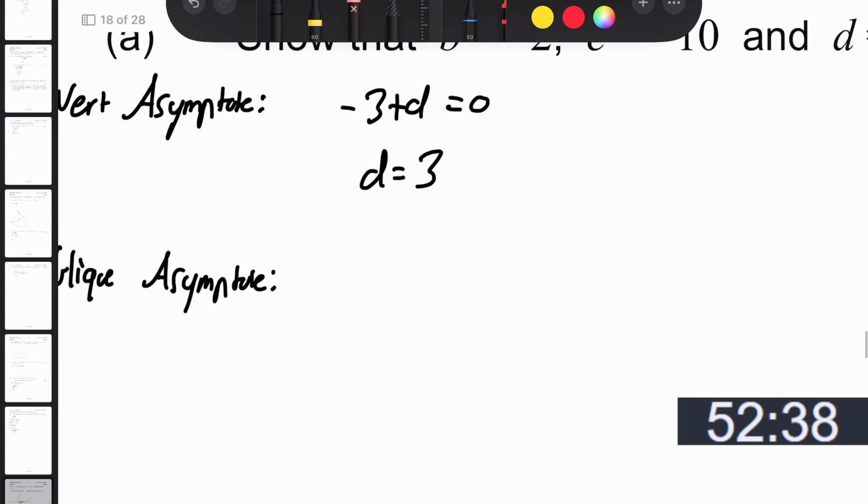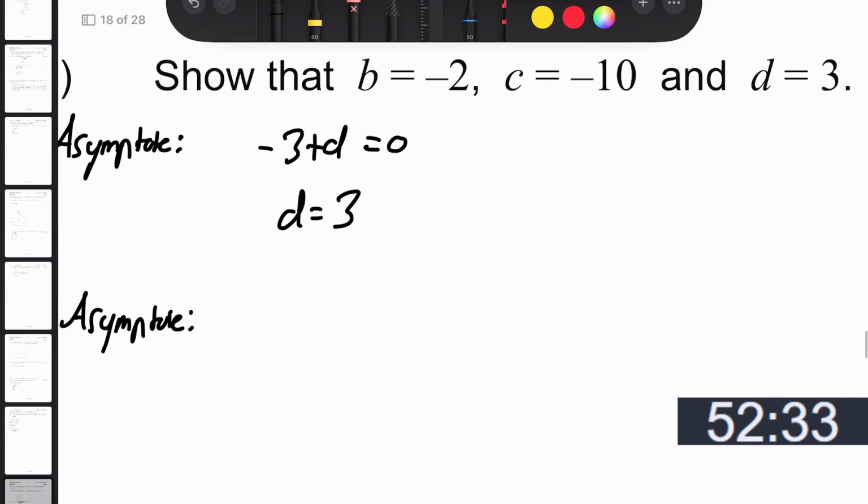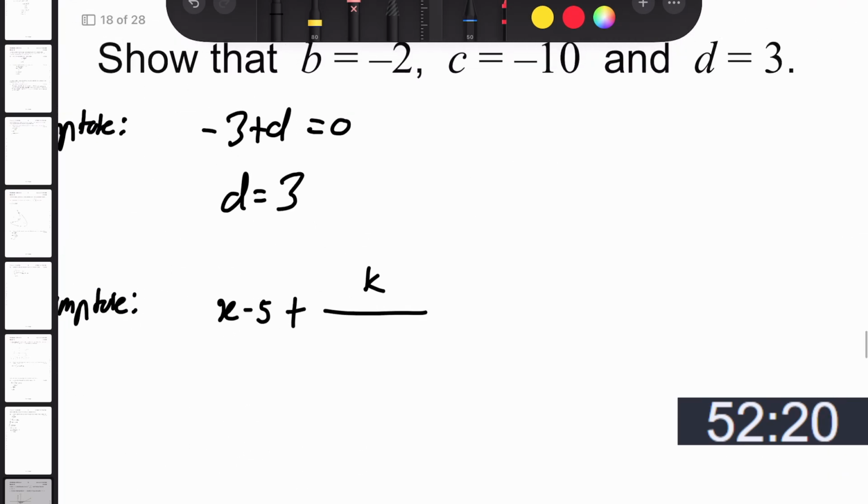We have that (x minus 5) plus k on x plus 3, so x plus 3, and y is equal to that.